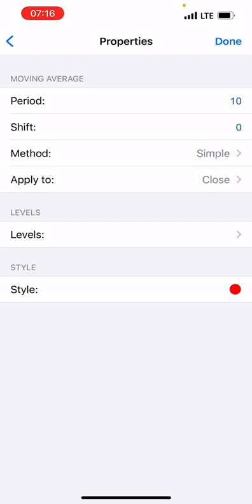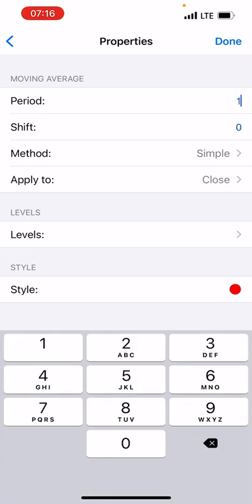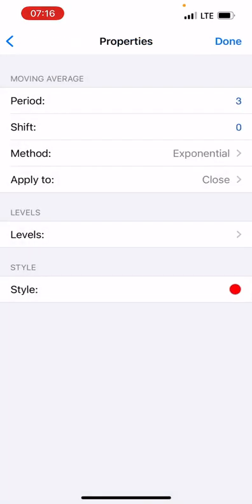So the first moving average is going to be period 3, shift 0, method exponential. Apply to typical price.